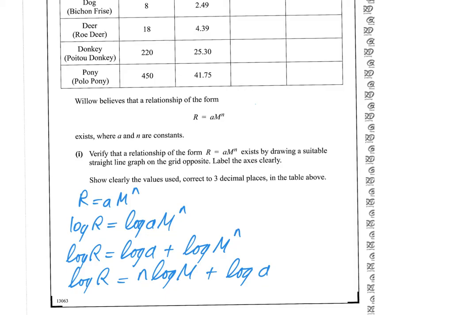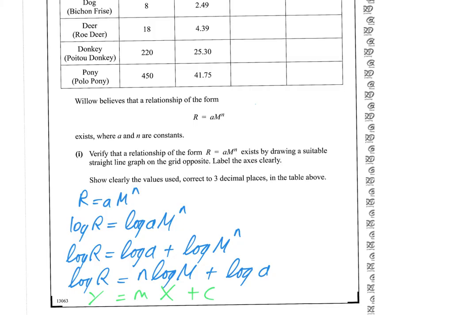So here we are going to be plotting log m on the horizontal axis and log r on the vertical. This really is equivalent to y is equal to mx plus c.